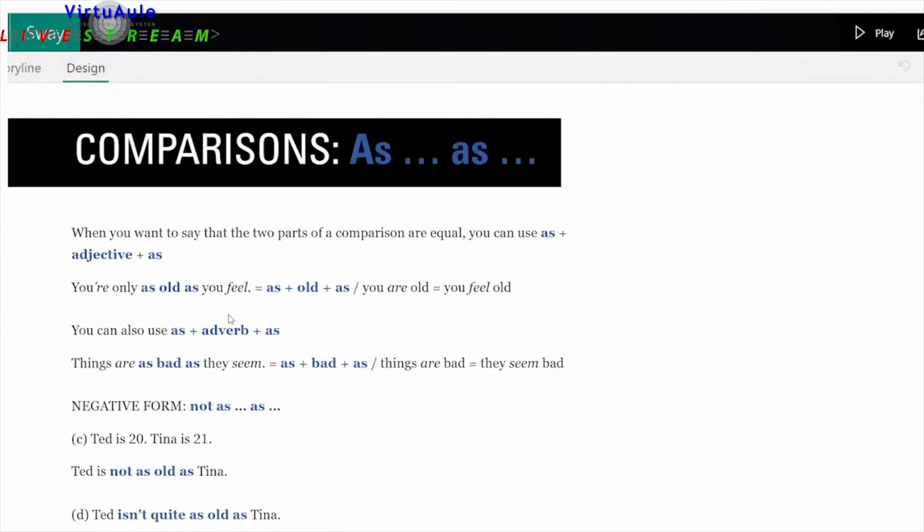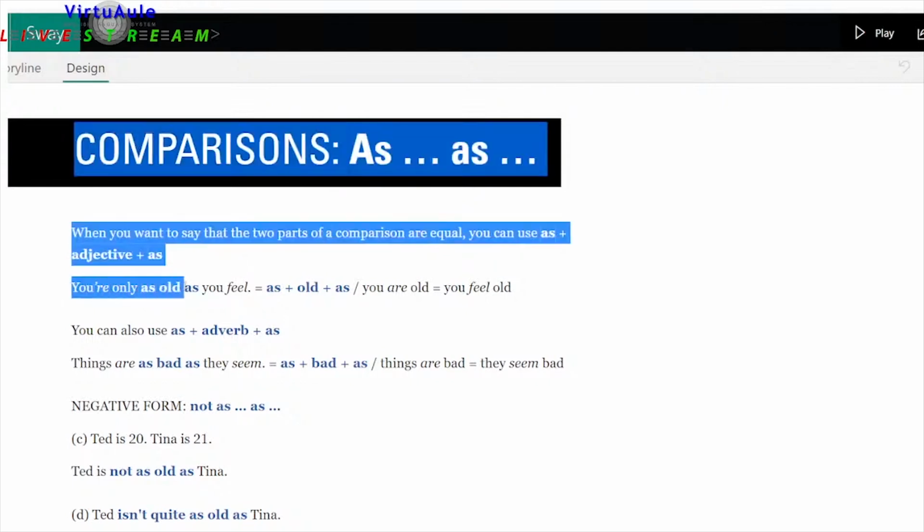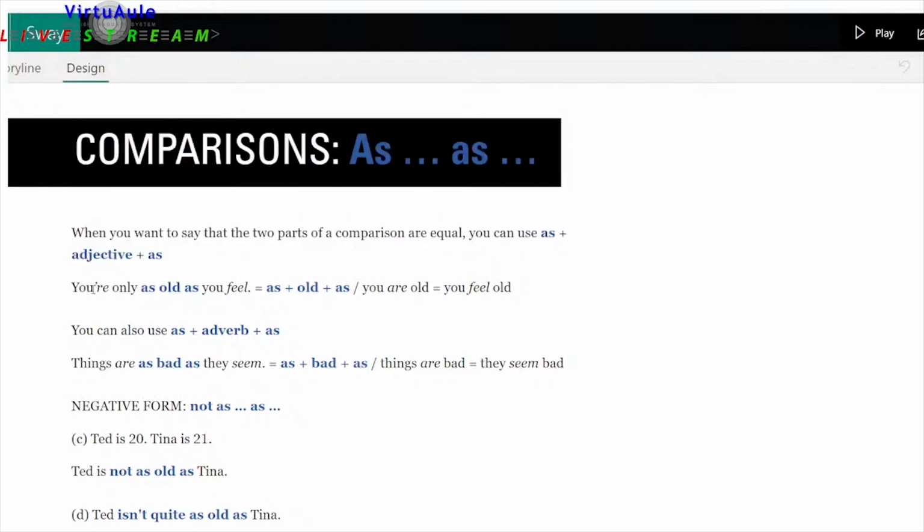Let's look at some comparisons. Okay, we have the as structure. When you want to say that two parts of a comparison are equal, you can use as plus the adjective plus another as. So, example, you're only as old as you feel.